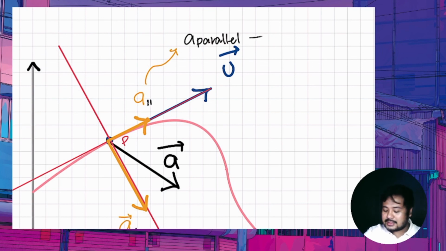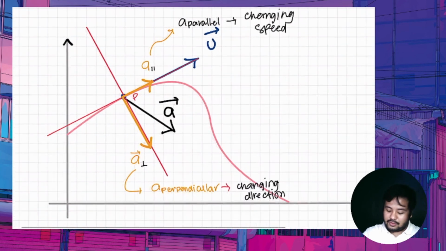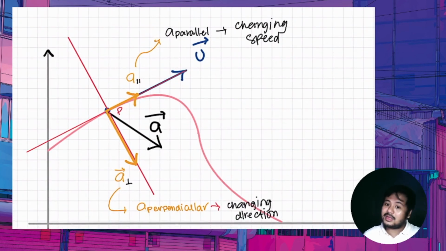As you have observed, it is in the same axis as your velocity vector. It is the one that is responsible for changing the speed. So those are the components of your acceleration: a perpendicular and a parallel component with respect to our velocity vector v.